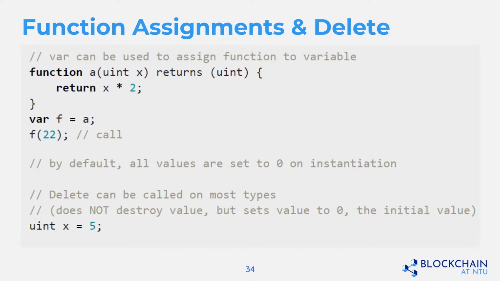You can also put returns unsigned integer x if you wanted to. Then in your function you would write x equals x times 2. But if you don't want to do that, you can just write return x times 2, and in your returns declaration you just have to put the type, that's all. You don't have to put a variable name. But if you put a variable name inside, okay, let me just show you.